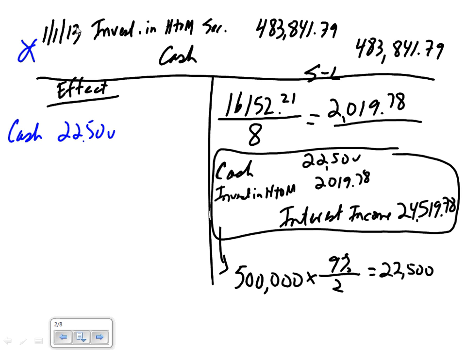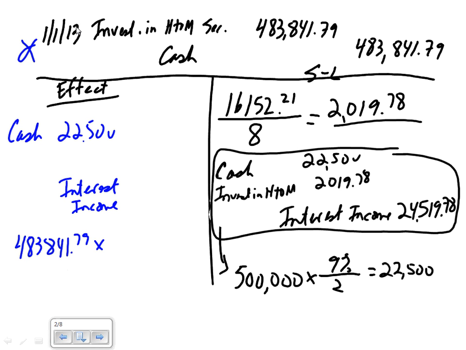What's going to change, though, is that we're going to figure out interest income, and that is what's the driver of the journal entry. Remember, under the effective interest method, interest income is the carrying value, the initial carrying value of $483,841.79, multiplied by the effective interest rate.